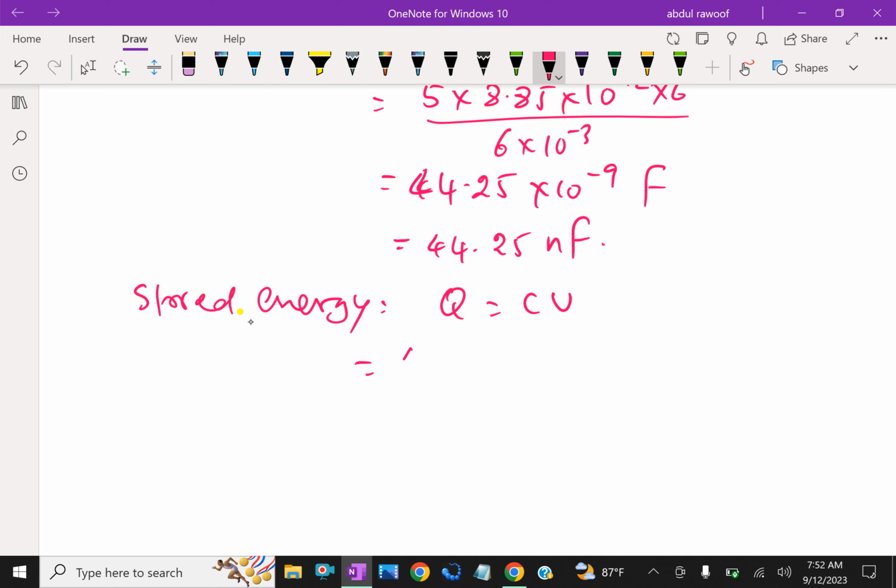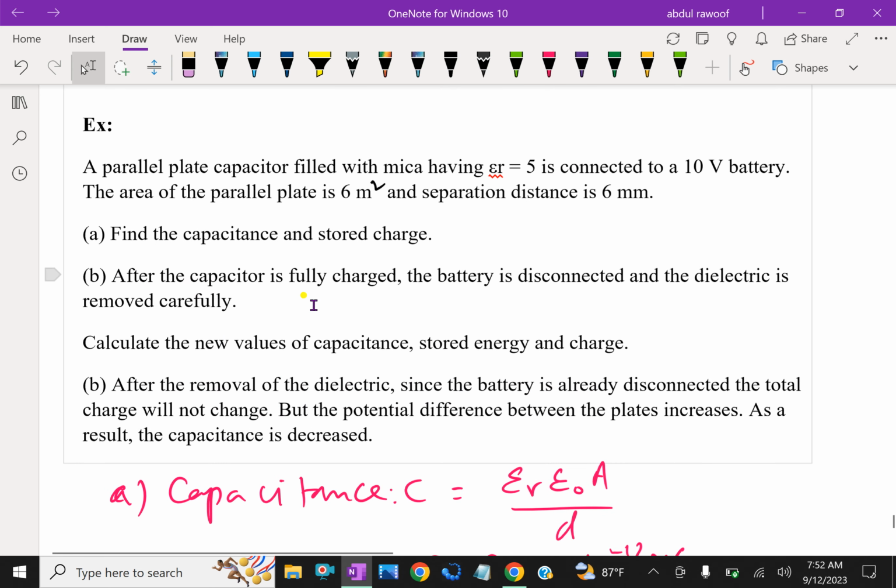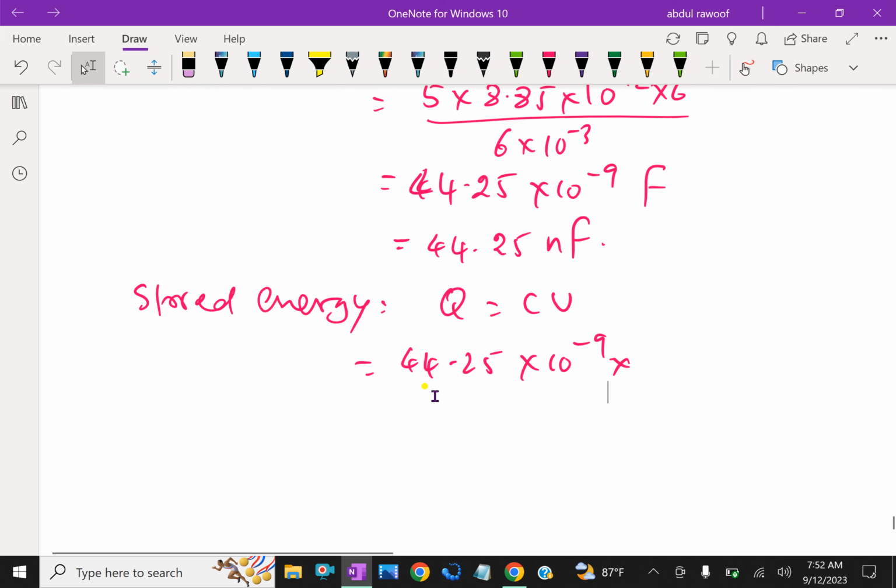That is, C is 44.25 into 10 power minus 9 into voltage. 10 volt is supplied, which gives 442.5 into 10 power minus 8.